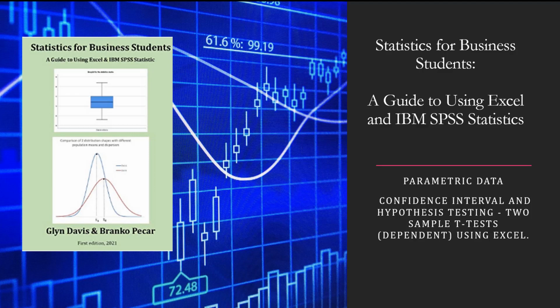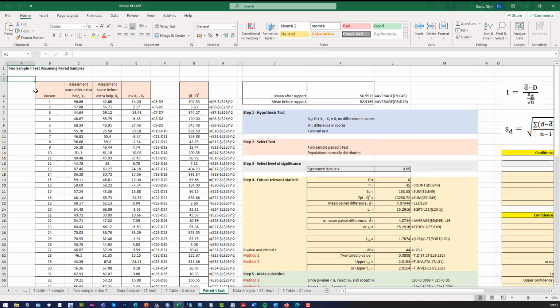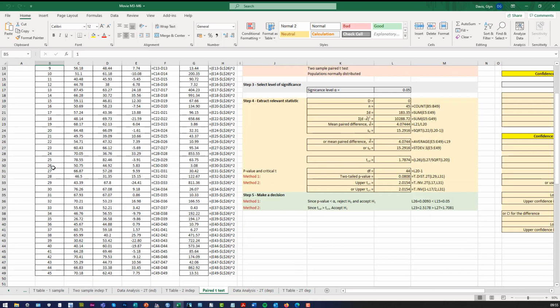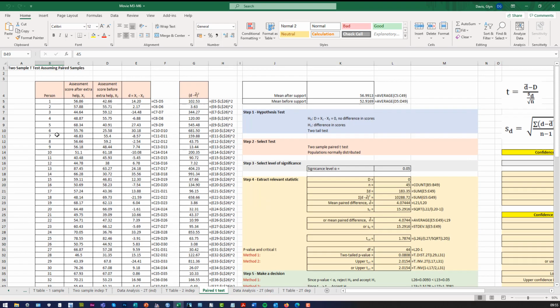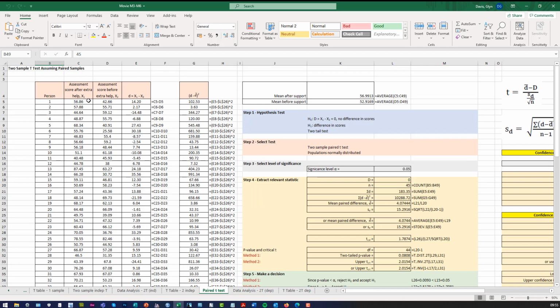If we go to Excel, you will see that we have a series of people, and we have 45 students who have completed an assessment, and you can see the score for the assessment in those cells. They then receive extra help and repeat the assessment, and you can see the second score.